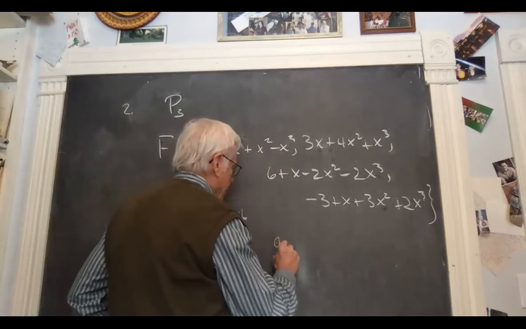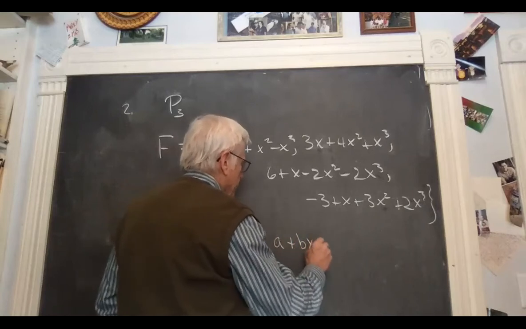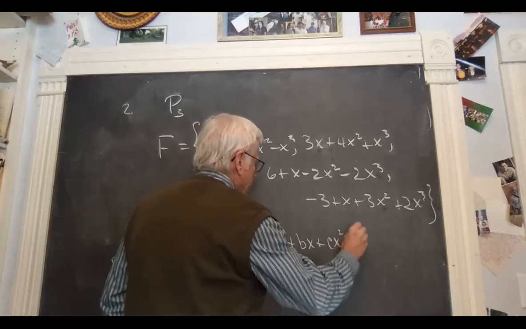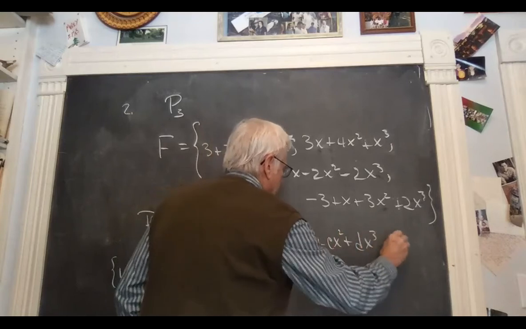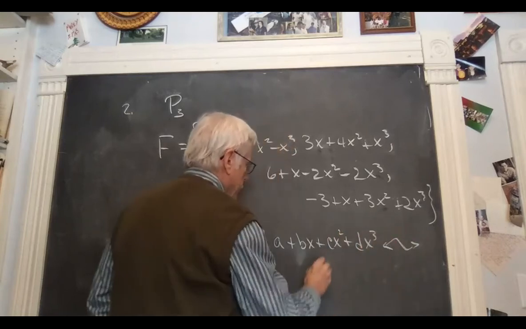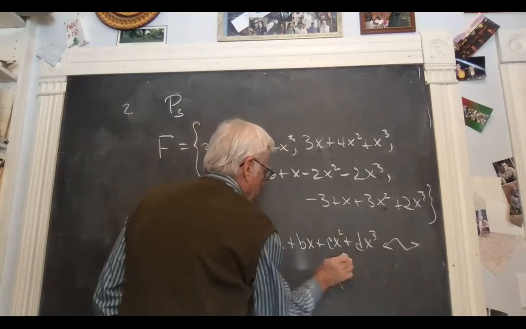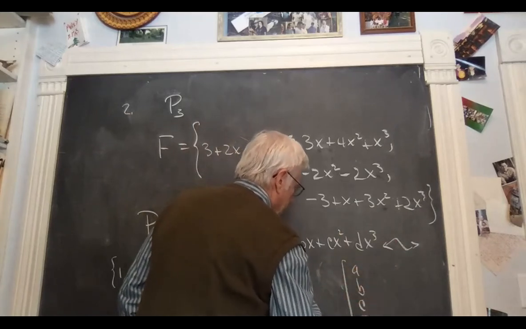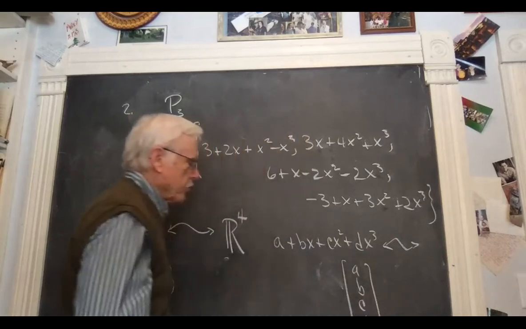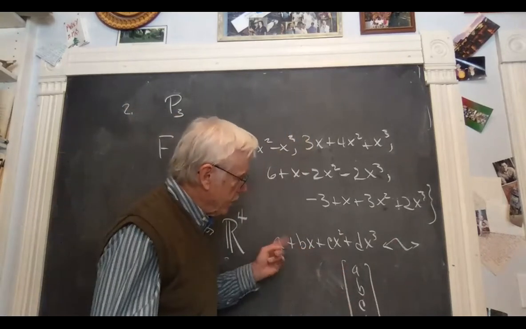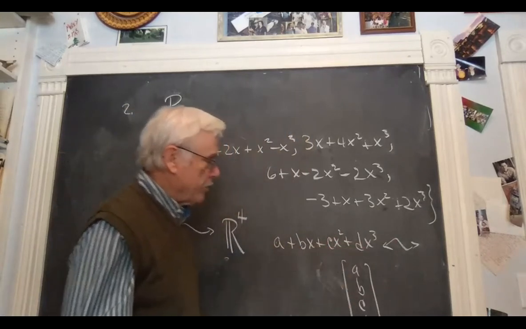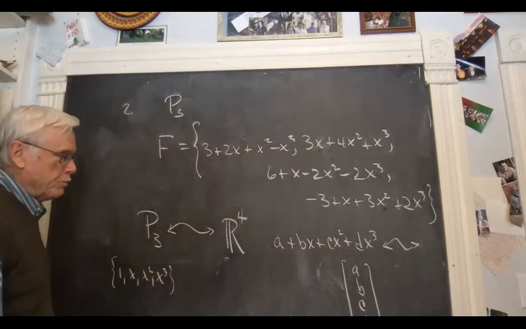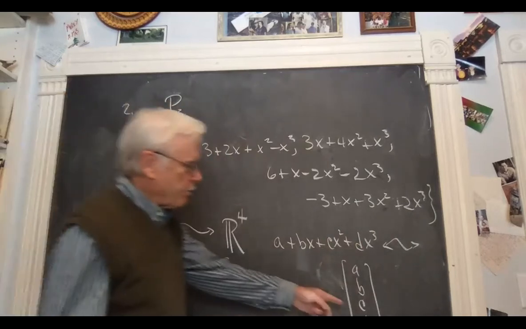So again, if you take a plus bx plus cx squared plus dx cubed, this corresponds to the vector, if I write it as a column, A, B, C, D. It is those 4 numbers, in order, that characterize this polynomial. This is not a polynomial.